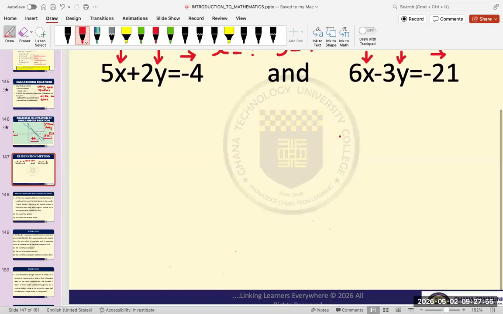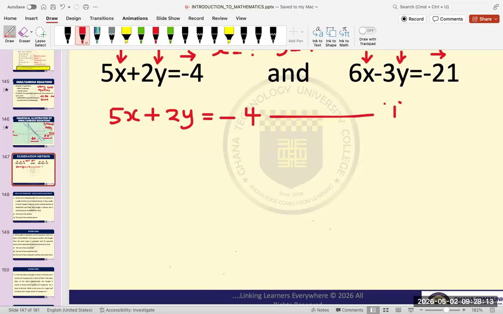So the strategy is as follows. First of all, you label this equation as your equation 1: 5x plus 2y is equal to -4.